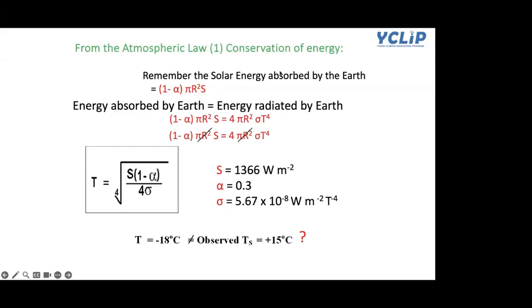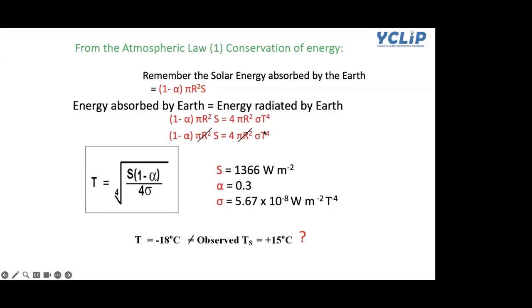So remember the solar energy absorbed by the earth that we did earlier on is here, just reminding you. When we put the two equations together, this very first one and the one we just got from Stefan Boltzmann's equation, so that is the energy radiated by the earth, we cancel the common terms. We end up having an equation like this.